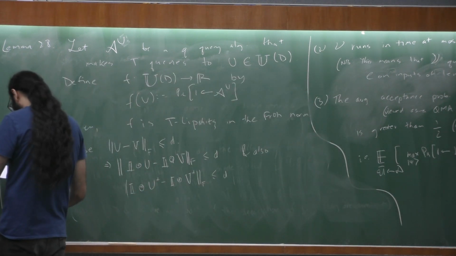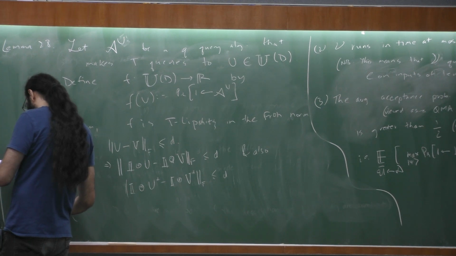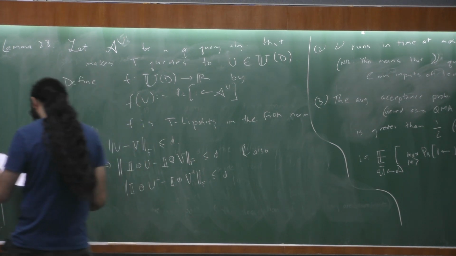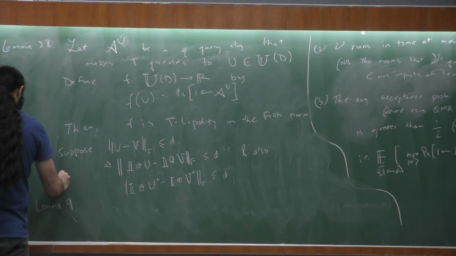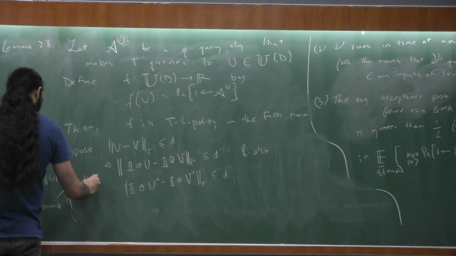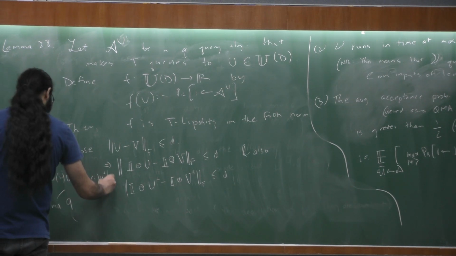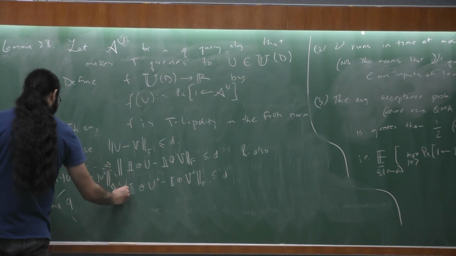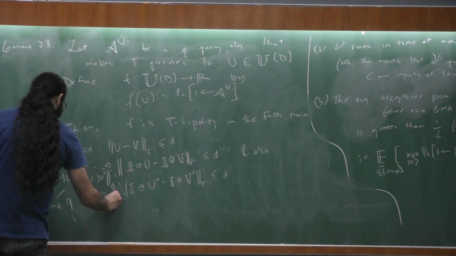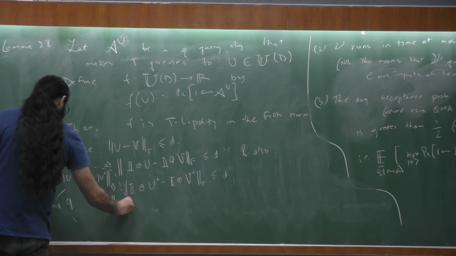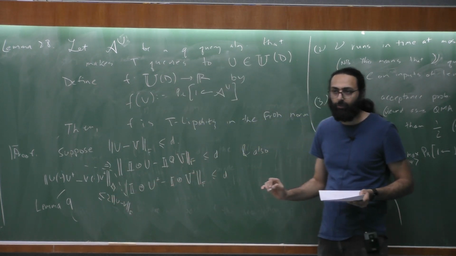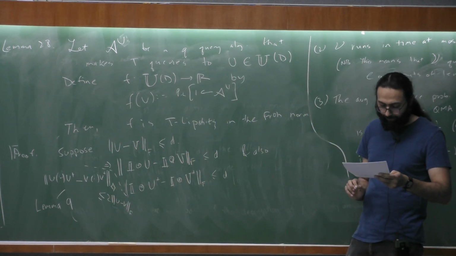Then lemma 9. Recall this was saying that if we view the unitary channels corresponding to u and v, and we take their diamond norm, then this turns out to be upper bounded by twice the fidelity between the unitaries. Now if you do it naively, you get some exponential factor, but there's a clever proof that shows you can get the bound.